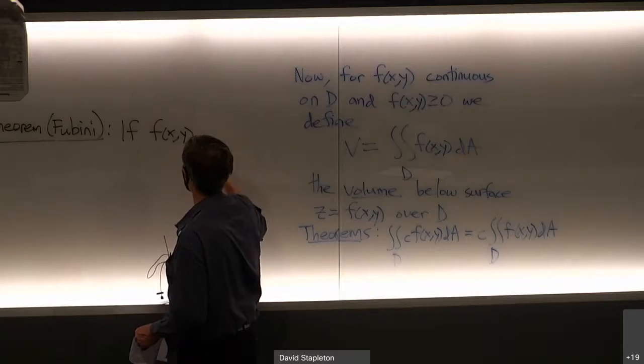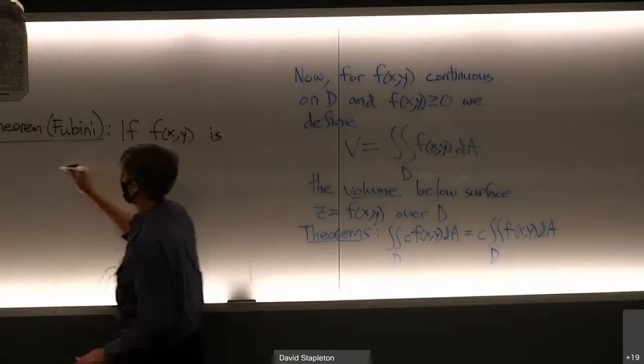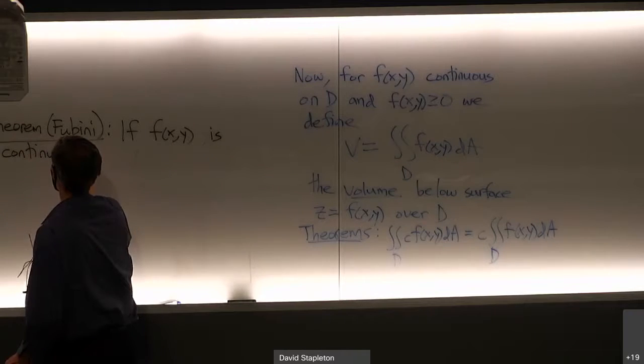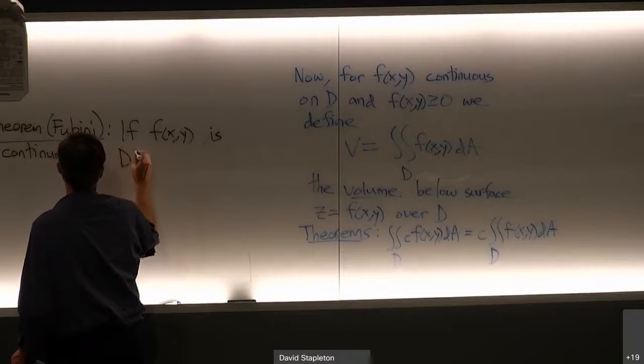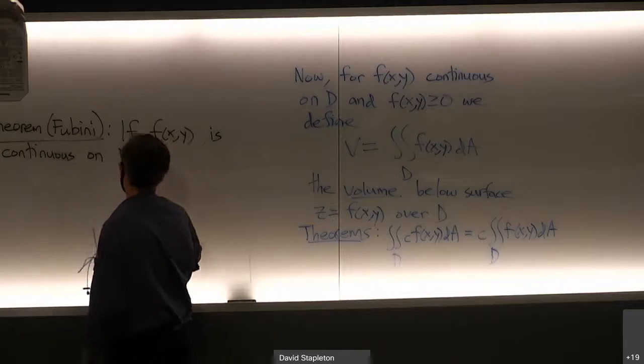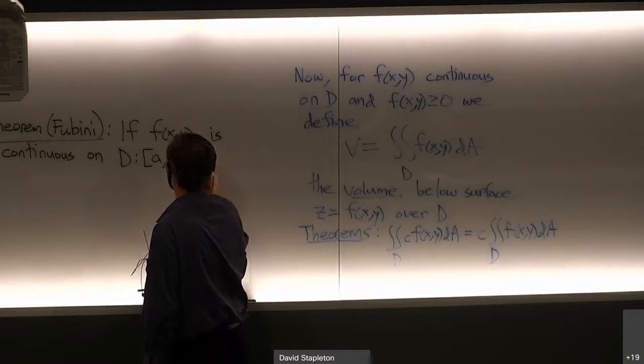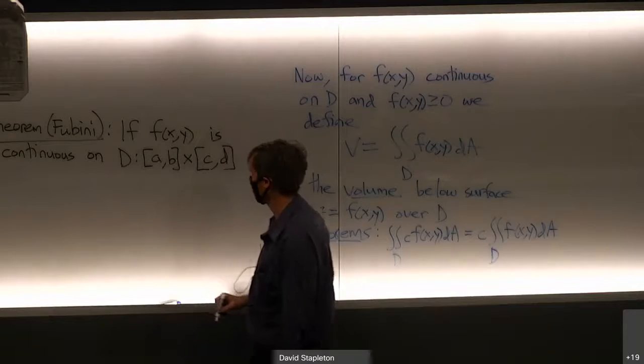If f of x, y is continuous on a domain D, which consists of, I'm going to introduce some new notation, [a,b] Cartesian product [c,d]. What does this mean? I'll let you guess.